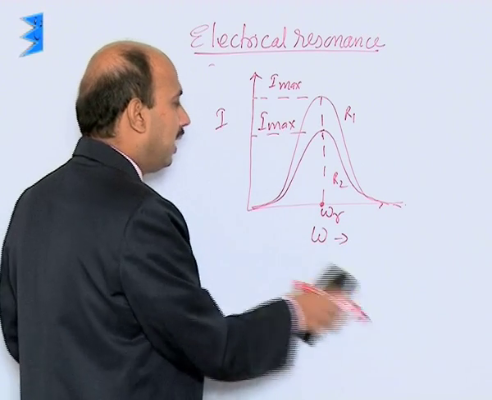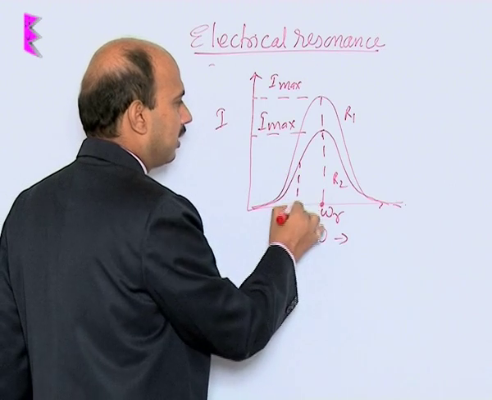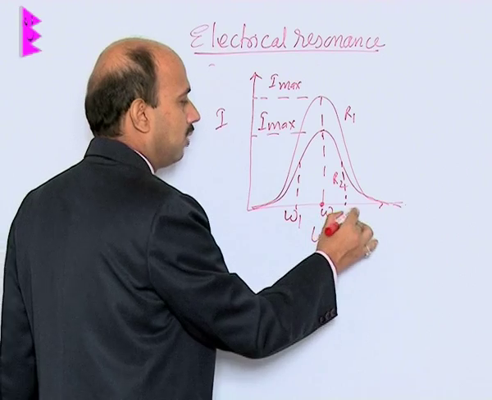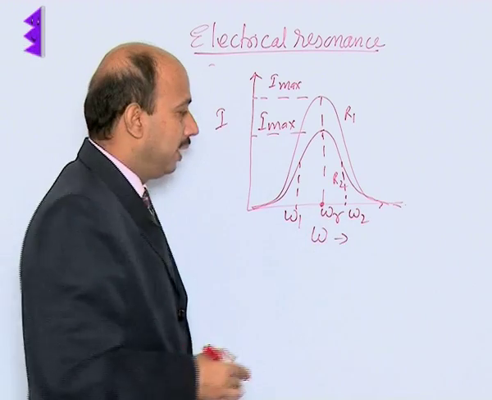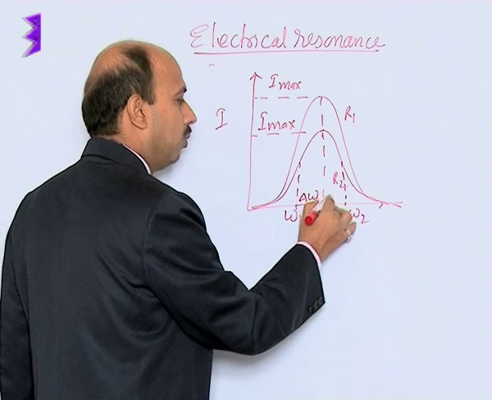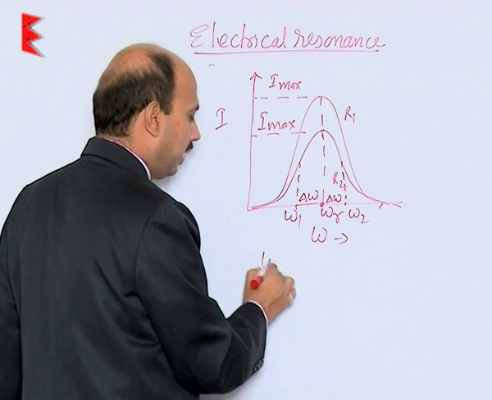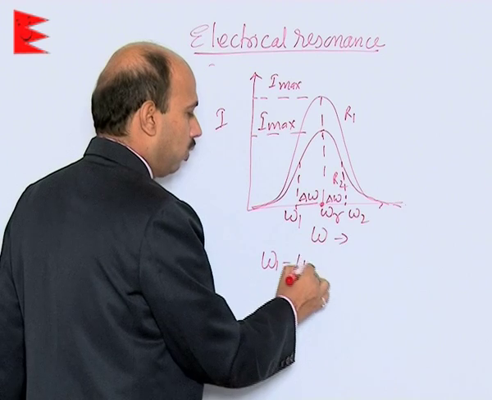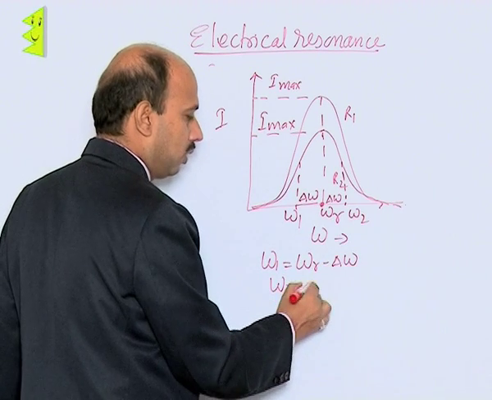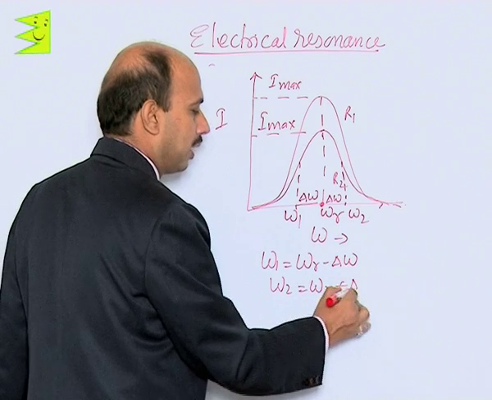Now, we can also see that for two values of frequency, there is the same current. Call them omega 1 and omega 2, with delta omega on either side. So omega 1 is equal to omega R minus delta omega and omega 2 is equal to omega R plus delta omega.